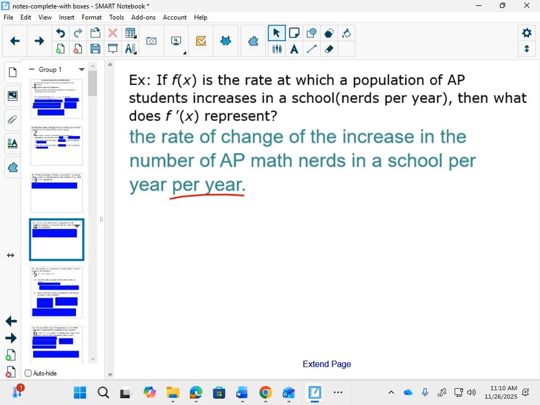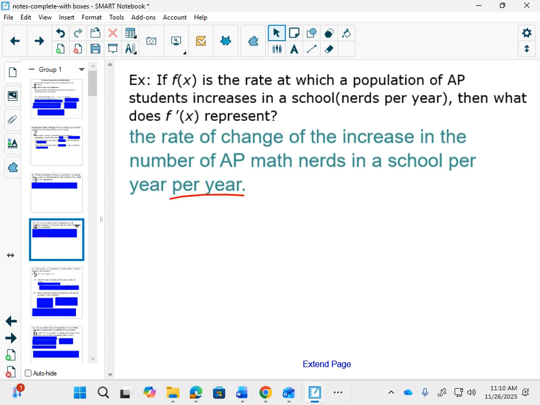And that's meters per second, kilometers per hour. What's the derivative of velocity? Acceleration. How do we measure acceleration? Meters per second, or meters per second squared.